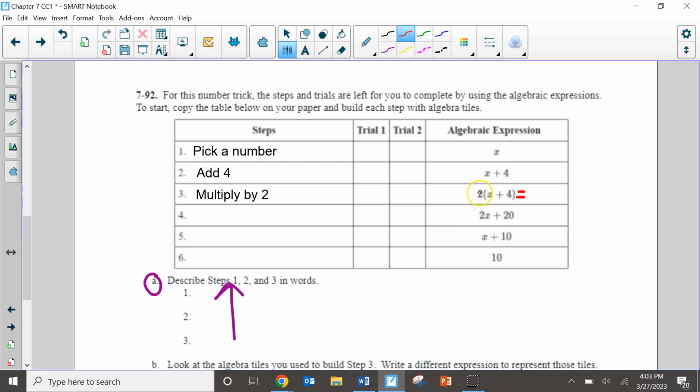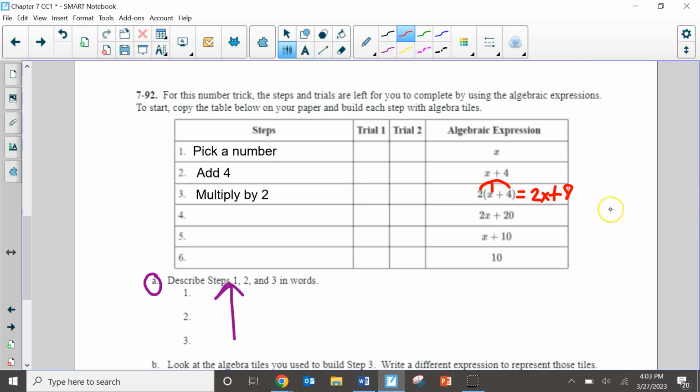Well, in order to get that, we would have distributed this 2. So to better see this, I'm going to simplify this expression real quick. So we're going to distribute our 2 to both parts, and when we distribute, we multiply. So 2 times x, 2x, and 2 times 4 is 8.